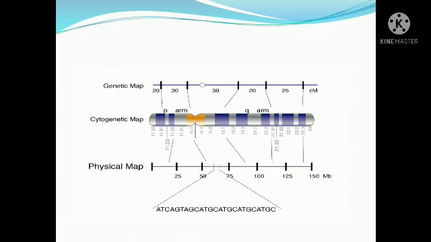From the base, from one side, this gene is located at a distance of 25, 50, 75, 100, 125, 150 MB. So that is the physical map. This picture gives you the difference between a genetic map and a physical map.